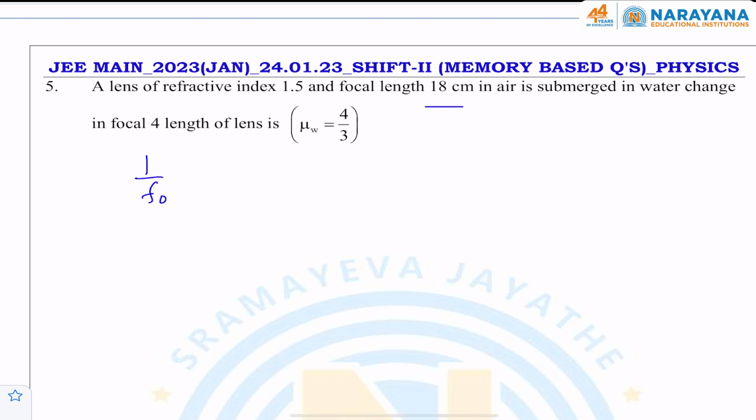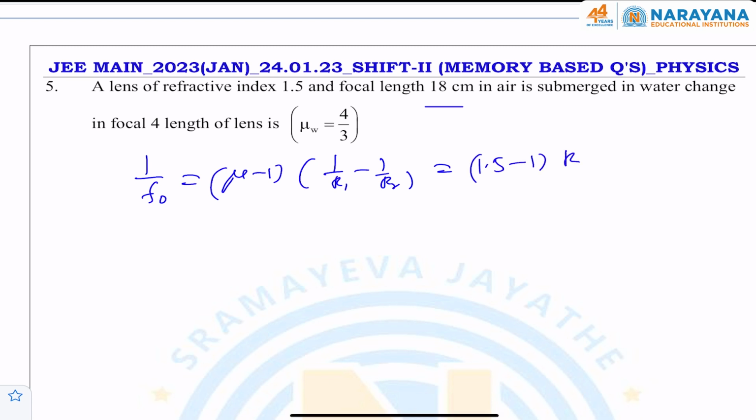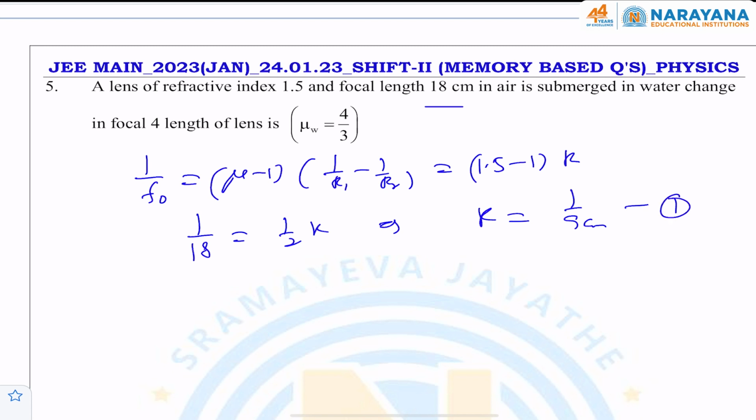General expression for focal length in air is 1 by F equals (mu minus 1) into (1 by R1 minus 1 by R2), where mu is 1.5, so (1.5 minus 1) into, let it be some constant K. 1 by F naught value is 1 by 18 centimeter. It is 1 by 2 into K, which gives K equal to 1 by 9. Let it be equation 1.